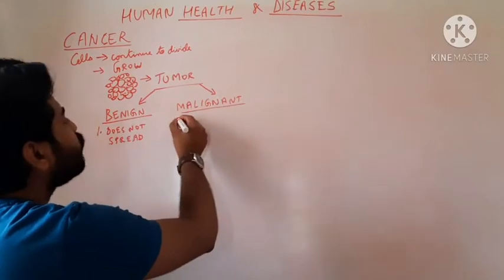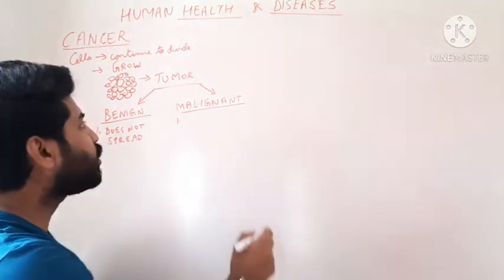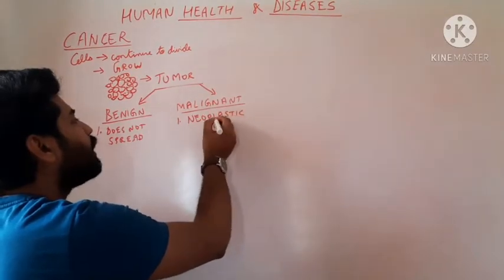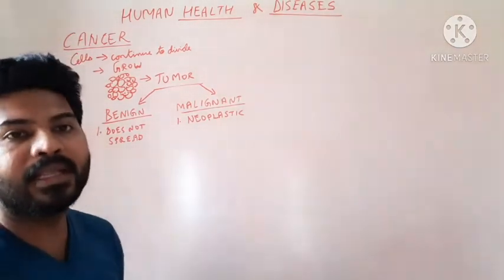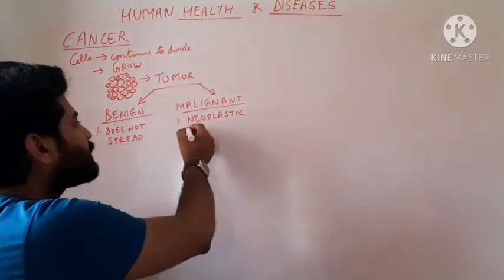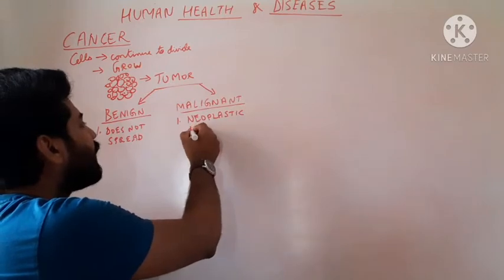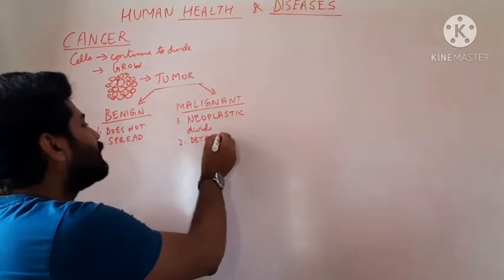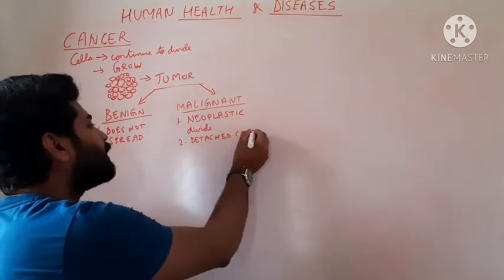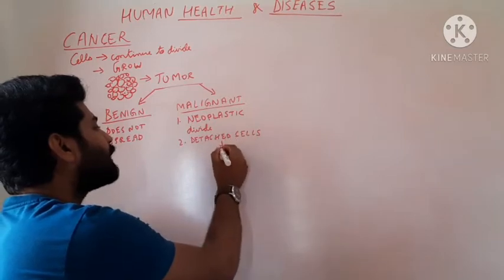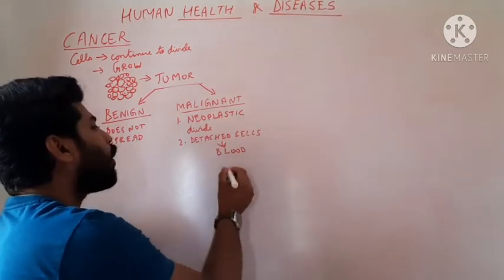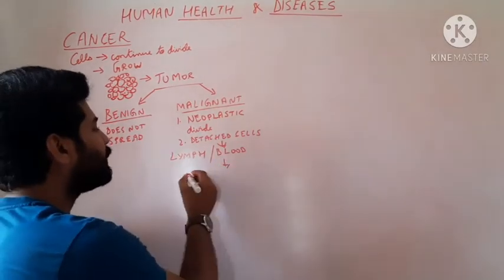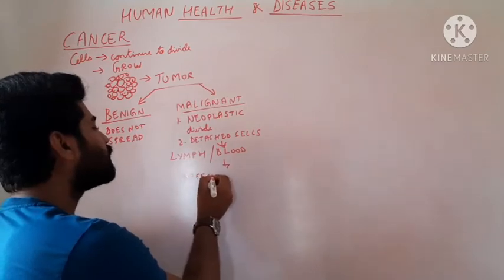Whereas the malignant tumor is the dangerous one. It contains a group of cells called neoplastic cells or malignant cells. These neoplastic cells continue to divide more and more, and some of the cells get detached and get into the bloodstream or into the lymphatic system, from where they can affect other organs.